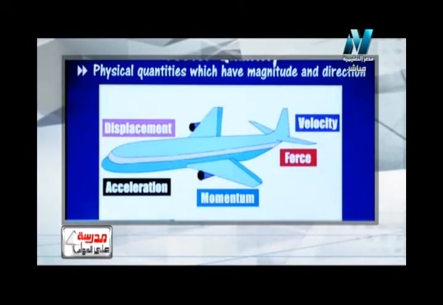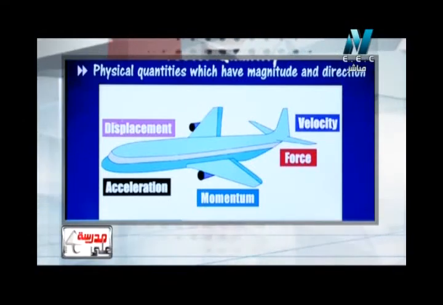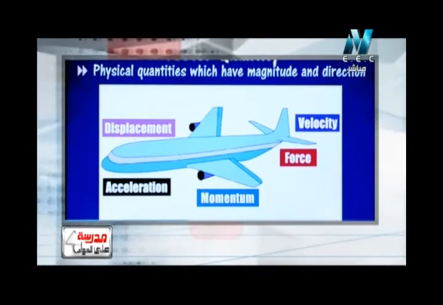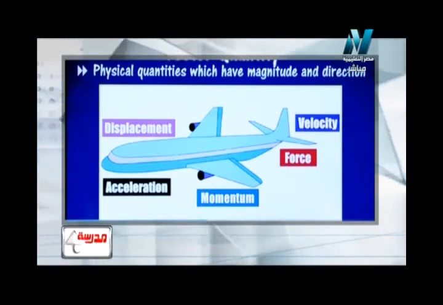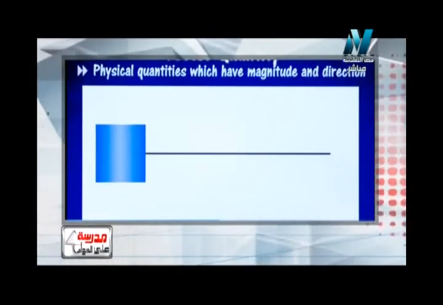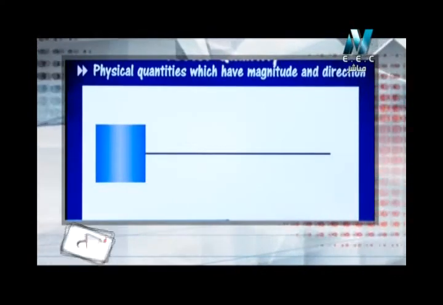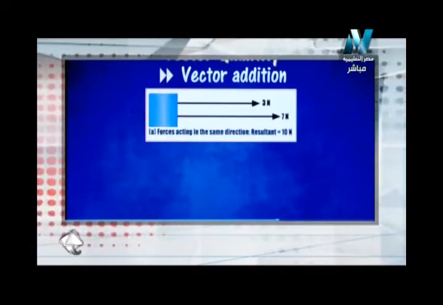We can identify by what? By magnitude and direction, as we have displacement, acceleration, momentum, force, velocity, and all these quantities we identify by knowing what? By knowing direction. As we have here 2 points starting from, of course we must know the direction.